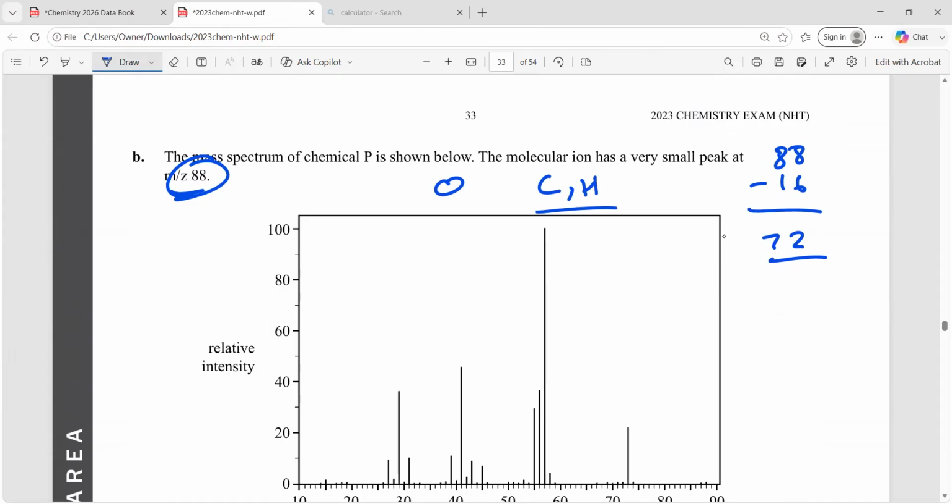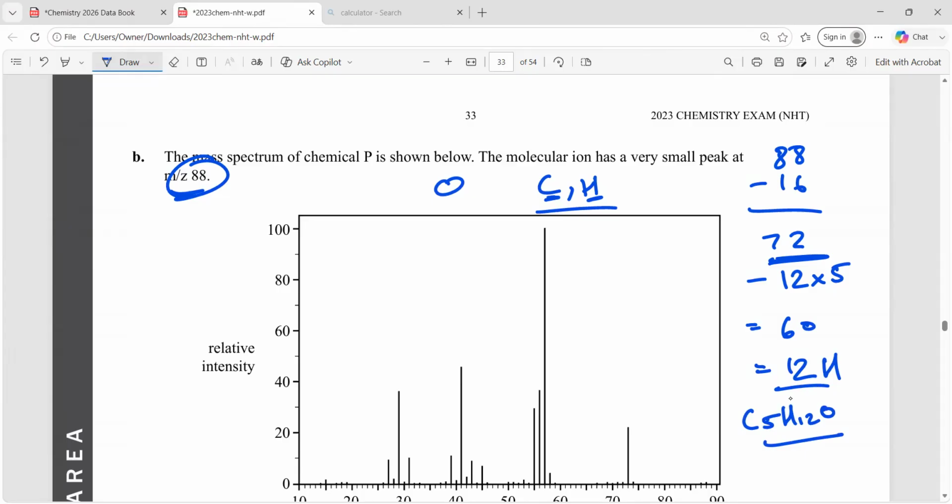Now the C's and the H's make up the 72, right? So I keep minusing by 12 until there's an appropriate number of hydrogens. If I minus 12 times 5, that's 60, so that's 12 hydrogens. So that's C5H12O.